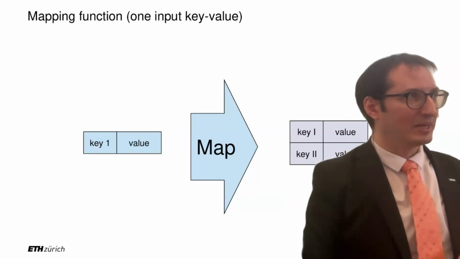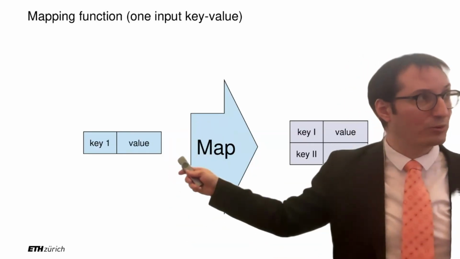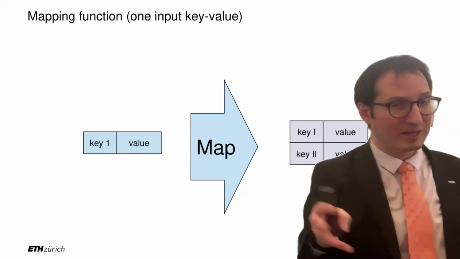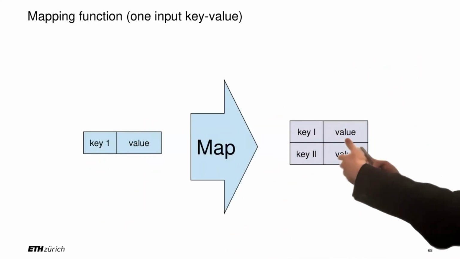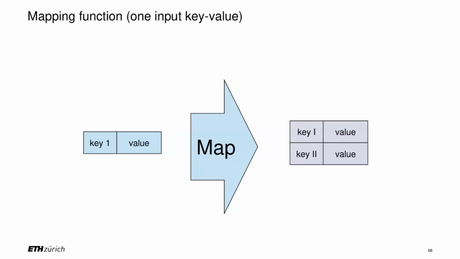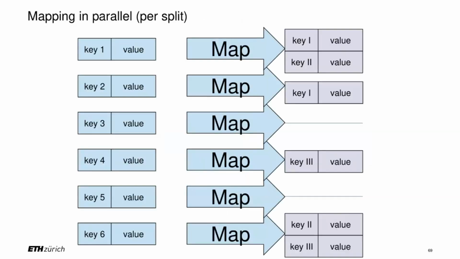You. That is the user. That's provided by the user. Can be absolutely anything as long as it's a function that takes one key value and outputs 0, 1, or more intermediate key values. And that function is going to be different depending on whether you want to build a Google or implement a matrix multiplication for machine learning, right? It's different map functions. But as far as MapReduce is concerned, it's just a mathematical function.